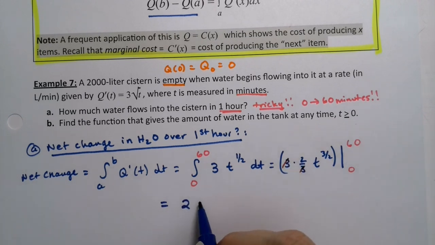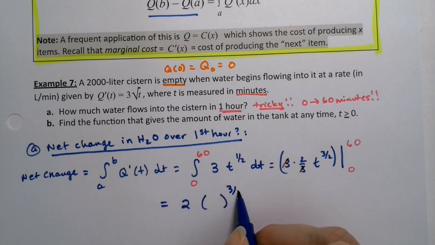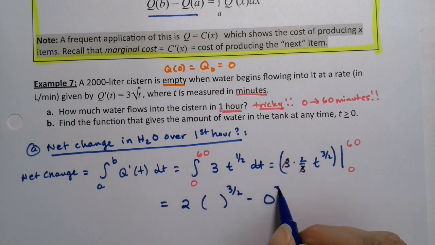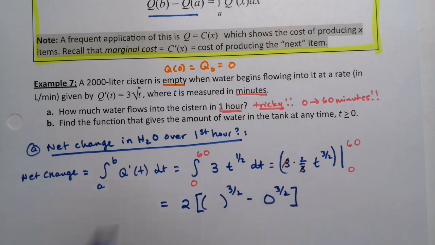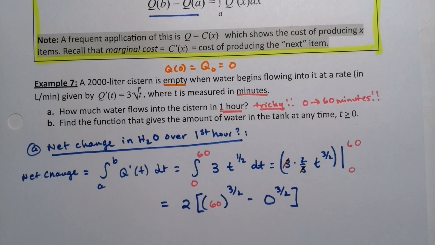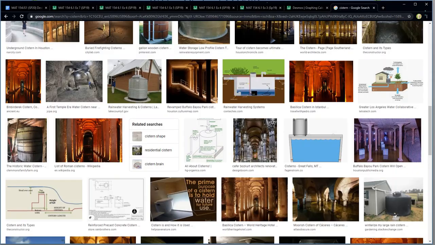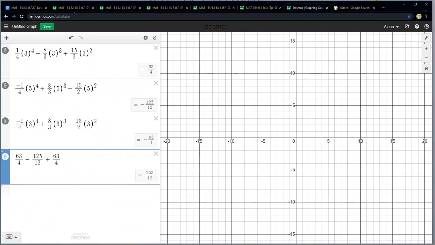So it's 2 times 60 to the 3/2 minus 0 to the 3/2. Okay, so 2 times 60 to the 3/2, we can make this happen. It's about 929.516.